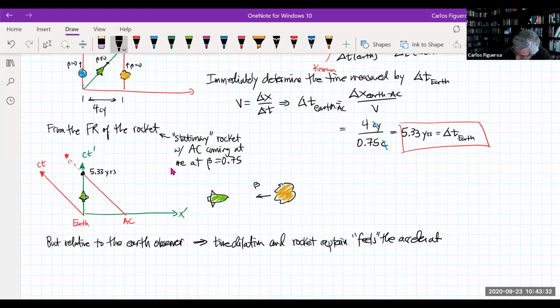And as he feels the acceleration, he then says, I am the one moving.